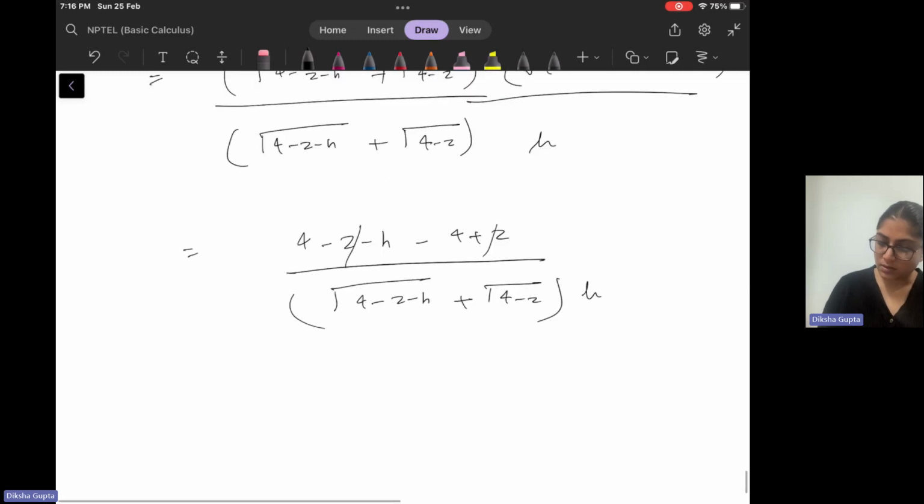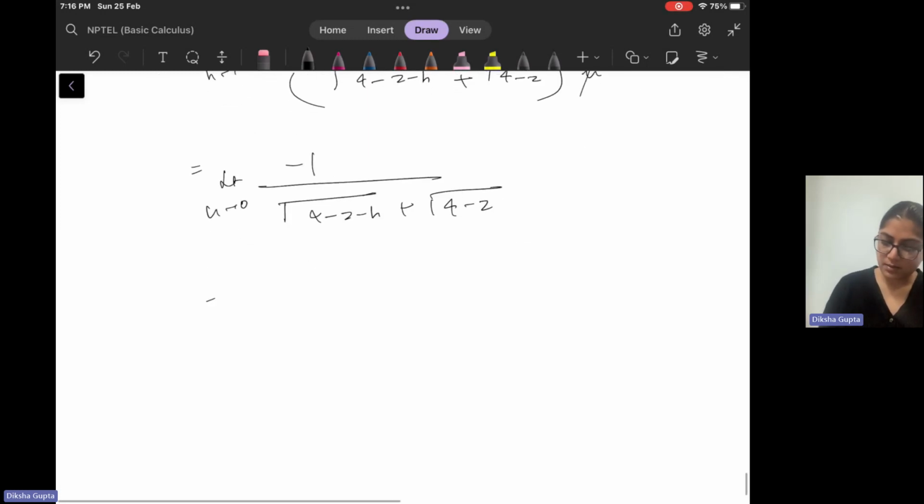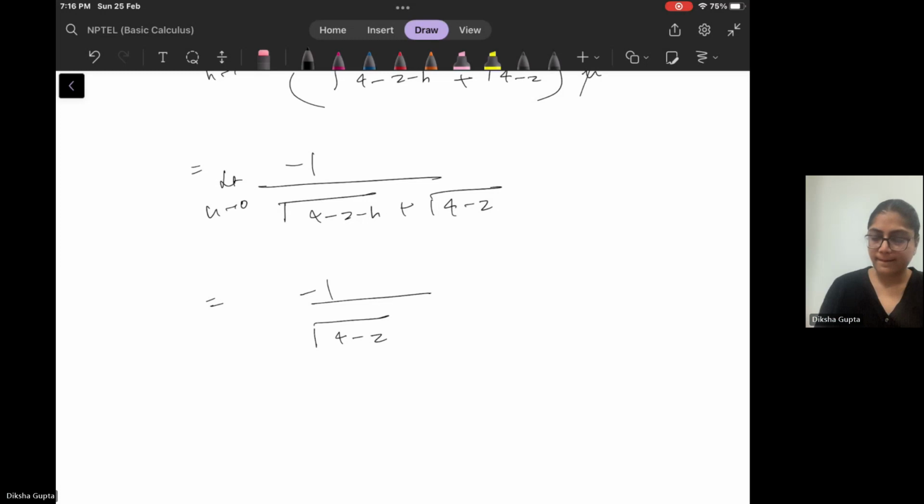So this cancels, and this cancels. So minus 1 upon limit h tending to 0, under root 4 minus z minus h plus under root 4 minus z. So this is minus 1 upon under root 4 minus z plus under root 4 minus z, equals minus 1 upon 2 under root 4 minus z.